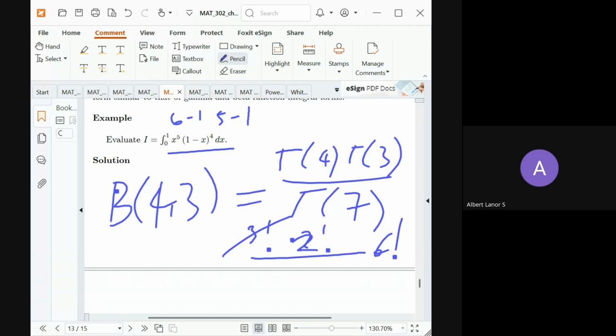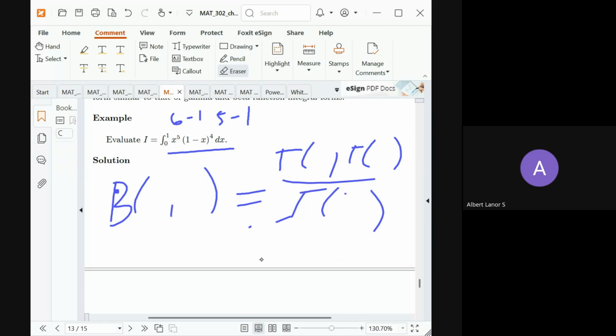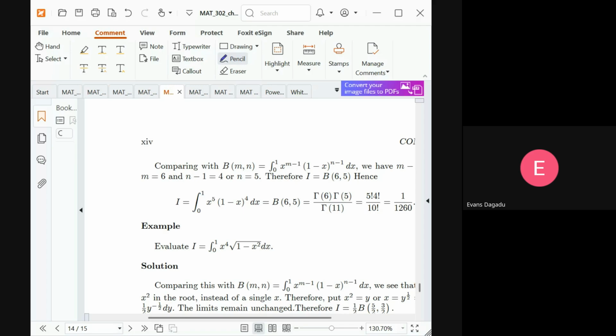So let me just make some quick amendments here. Should it be 5, 4? No, it should be beta of 6 and 5. Then you're going to have gamma of 11 in the denominator.